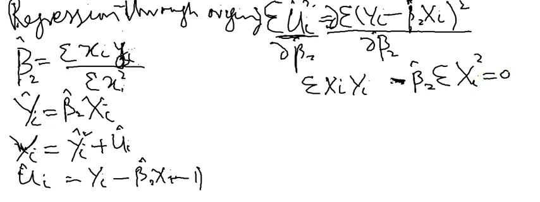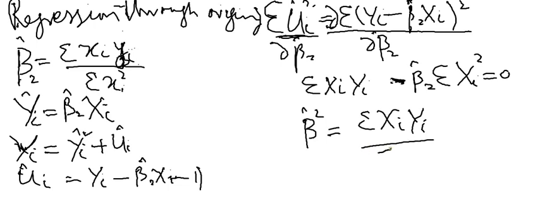Solving for beta 2 hat, you will get beta 2 hat will be equal to summation xi yi over summation xi square.